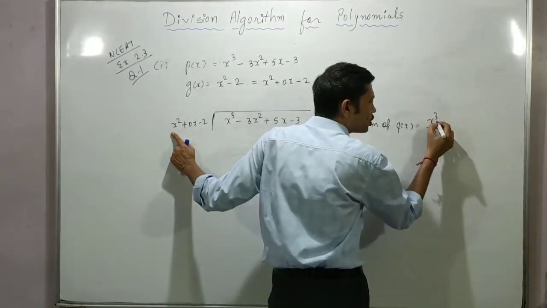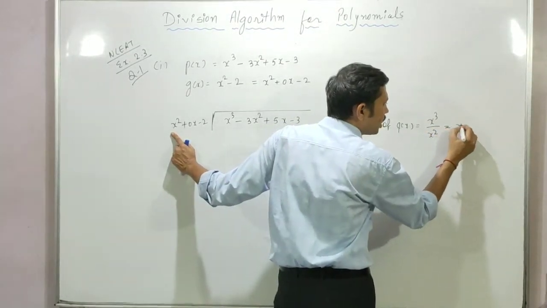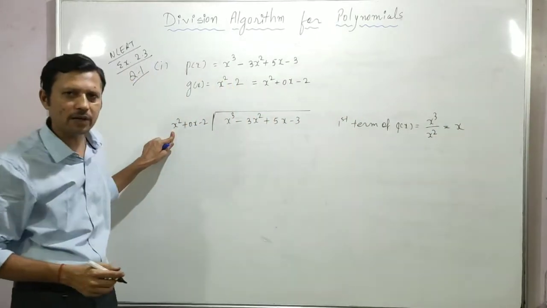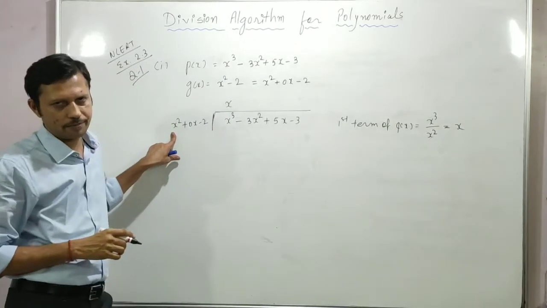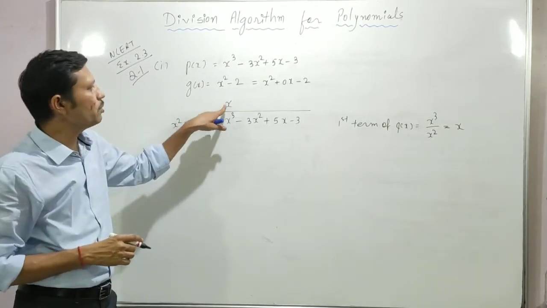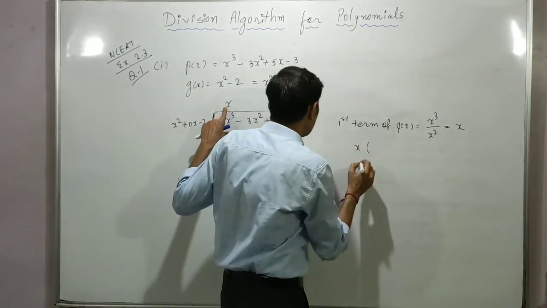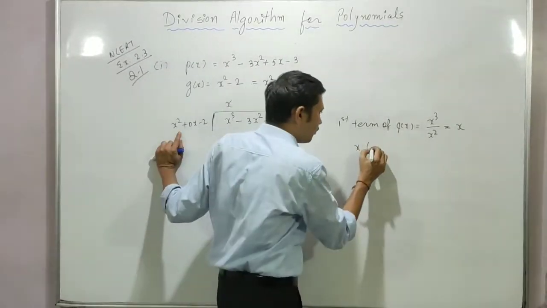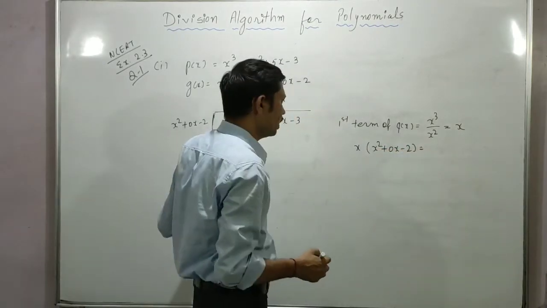So when I divide x cube by x square, from the 3, 2 power is subtracted, so what is left? x, the power 1. Okay, so my first term of the quotient is plus x, and this one should be multiplied with x. So I have to write down x, and my divisor is x square plus 0x minus 2.